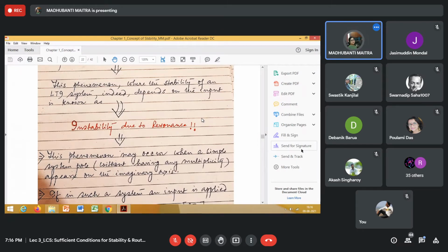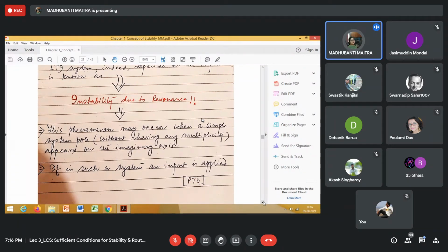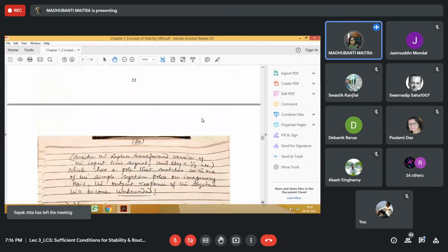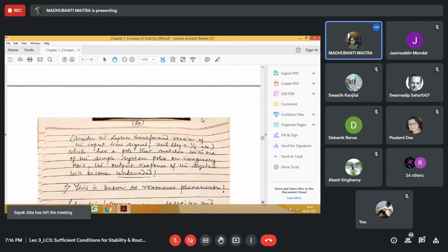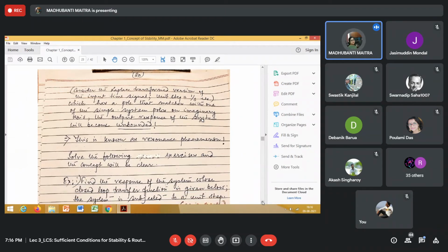When we face this kind of problem, this phenomenon may occur when a simple system pole, note, simple system pole, that means without any multiplicity, appears on the imaginary axis, as we have seen. If in such a system an input is applied which has a pole that matches with one of the simple system poles on the imaginary axis, then the output response of the system will become unbounded.